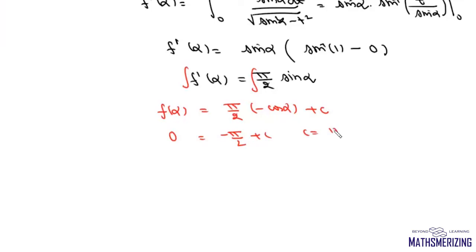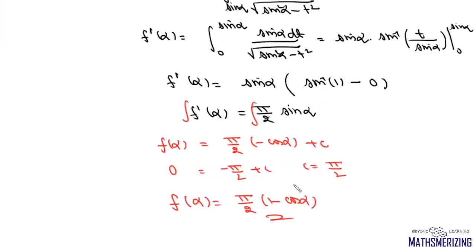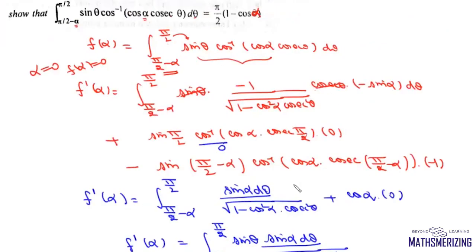So the value of c is simply pi by 2. That means the value of this integral, which is f alpha, will be pi by 2 into 1 minus cos alpha, and this is what we need to prove. Pi by 2 into 1 minus cos alpha.